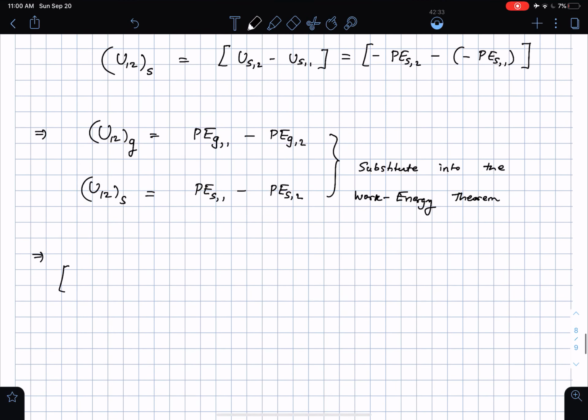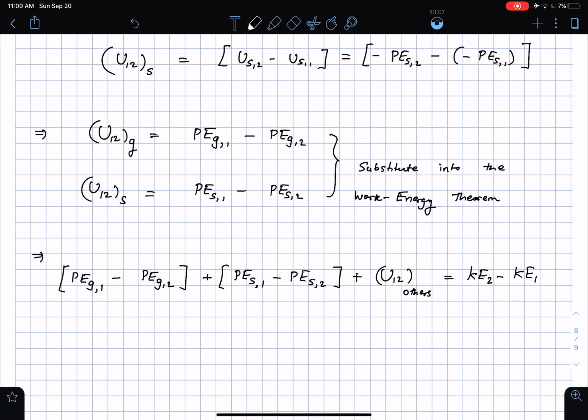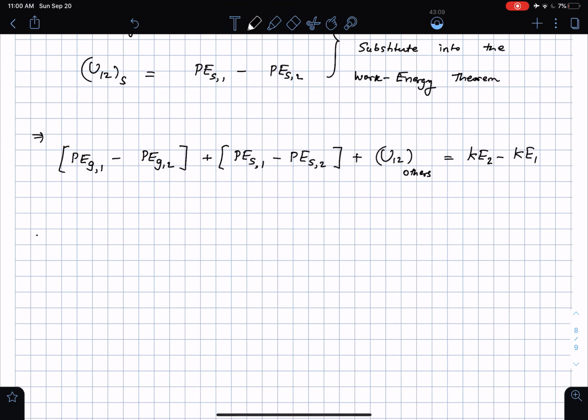Instead of U1 to G, I have PE G1 minus PE G2 plus PE S1 minus PE S2 plus U1 to others is equal to KE2 minus KE1. My comma and 1 look the same, that is what I recognized here too. Or I'm going to rearrange this in a much nicer way, and you're going to see something really nice happening.